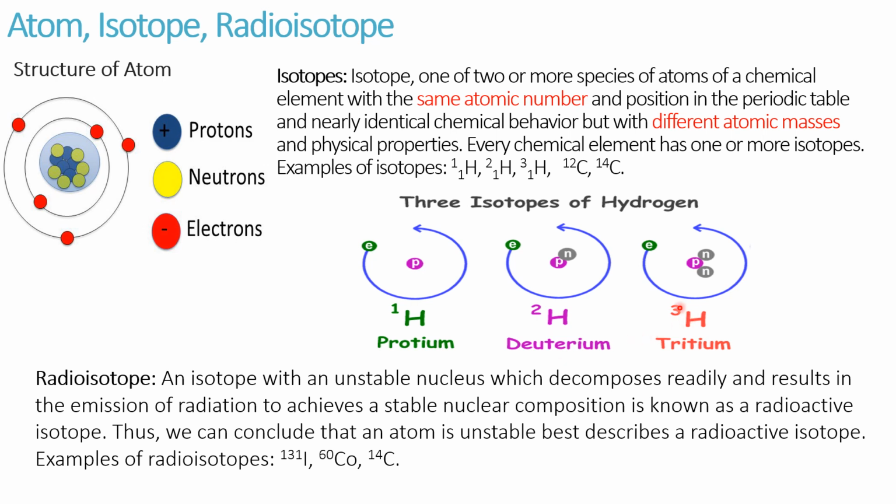Such unstable isotopes emit particles or energy to reach a stable form. They do so by emitting radiation such as alpha rays, beta rays and gamma rays. Therefore, such isotopes are known as radioisotope. Thus, we can conclude that an unstable atom best describes a radioactive isotope. These are the examples of radioisotopes.